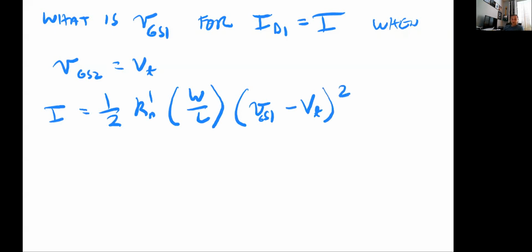And we get this expression, and we solve for VGS1, because we wanted to know what that is, right?